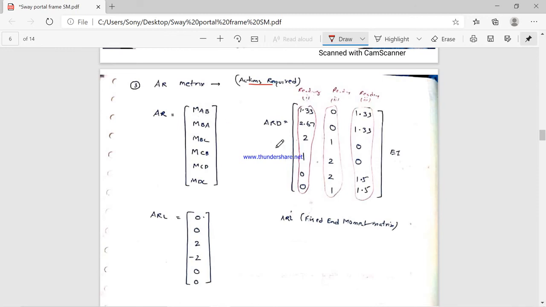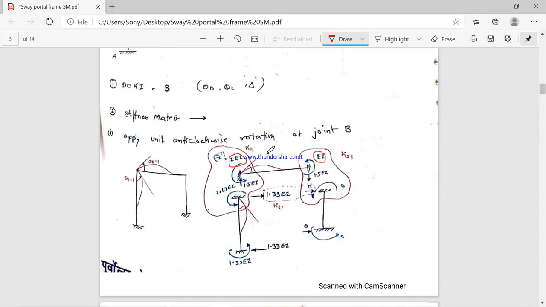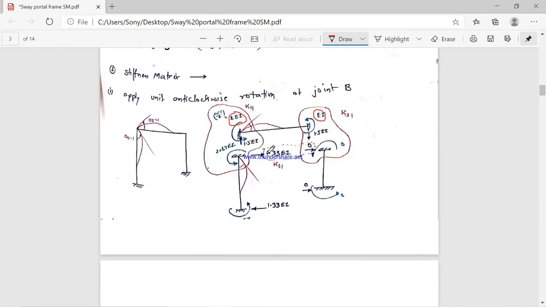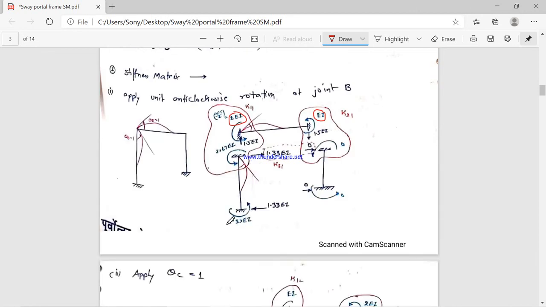So reading 1 means we first have to see diagram number 1. Where is diagram number 1? This one. The moments we are interested in: AB is 1.33, then BA 2.67, then BC 2, then CB is 1, and CD 0 and DC 0.